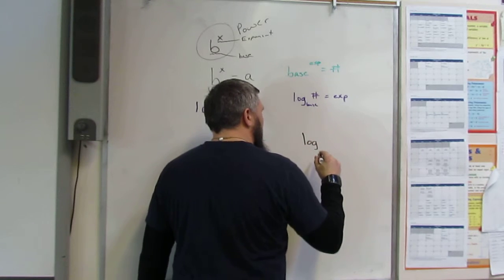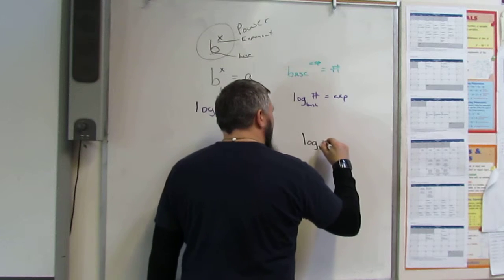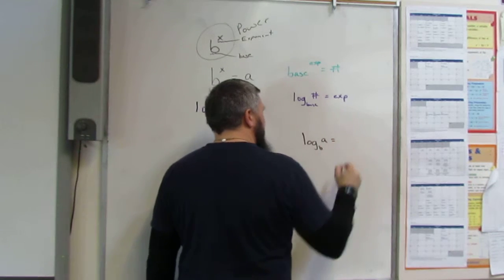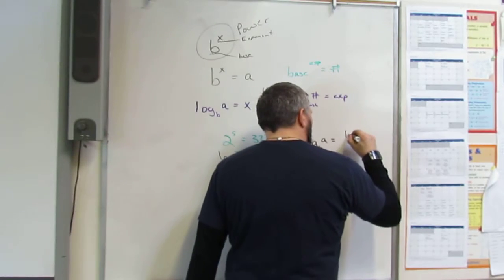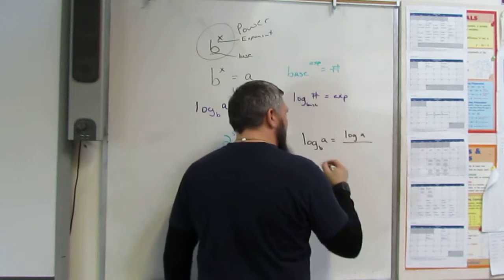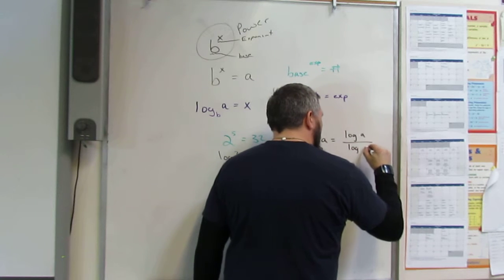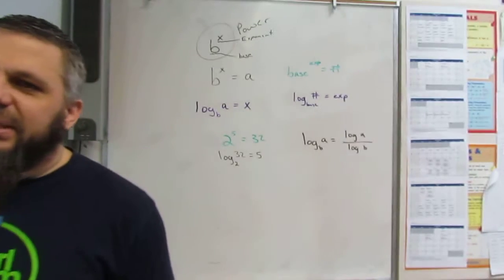Log base B of A is equal to log A base 10 divided by log B base 10. And you notice I didn't write the 10 there?